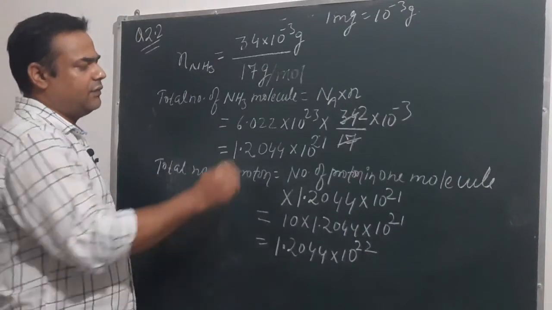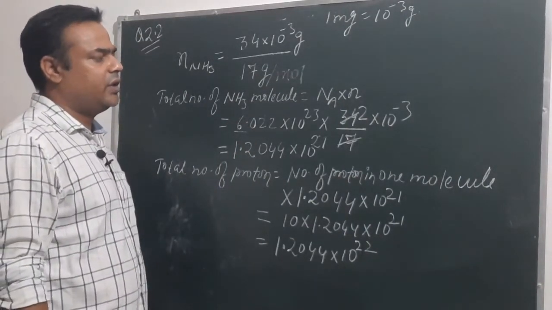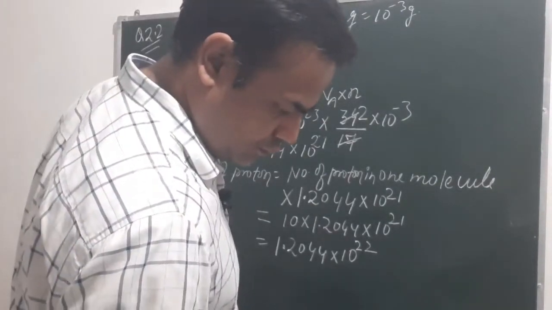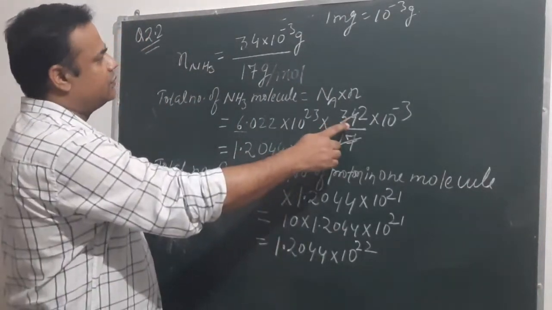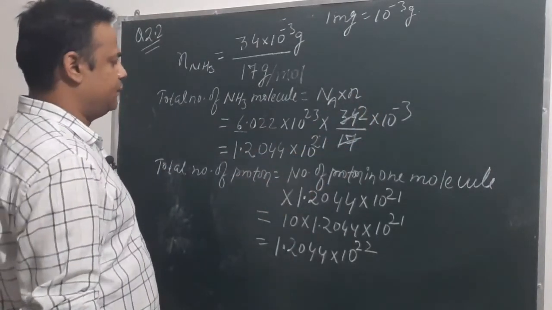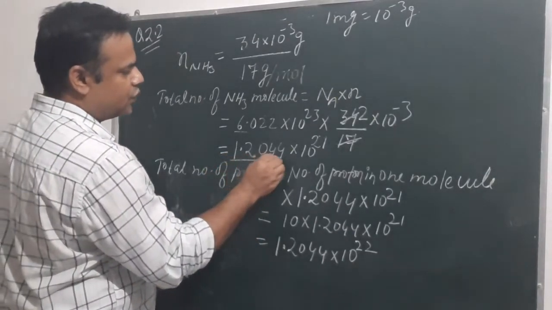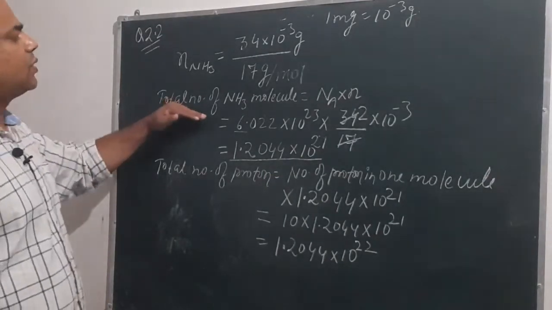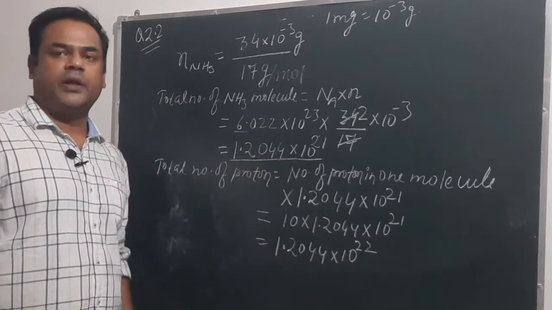So the value of Avogadro number we will write as 6.022 into 10 to the power 23, and the moles of ammonia is 34 by 17 into 10 to the power minus 3. From here we can see the number of molecules is coming 1.2044 into 10 to the power 21. Total number of molecules of ammonia is 1.2044 into 10 to the power 21.